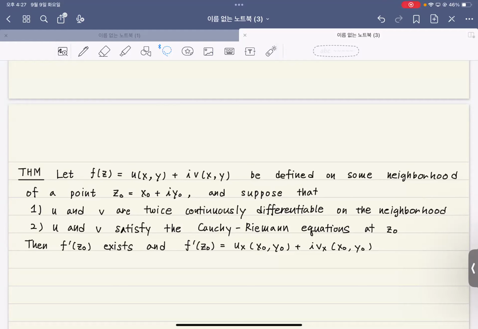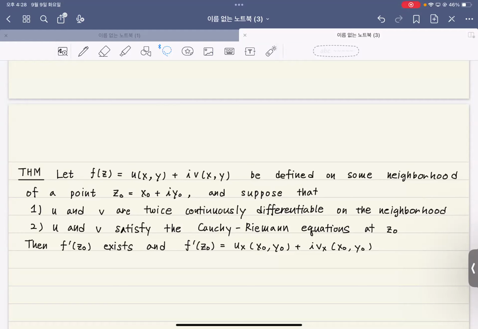I have these two functions, u and v, and suppose that they are twice continuously differentiable on this entire neighborhood. Plus, also assume that u and v satisfy the Cauchy-Riemann conditions at this point. So differentiability on the neighborhood, and Cauchy-Riemann conditions at the point.